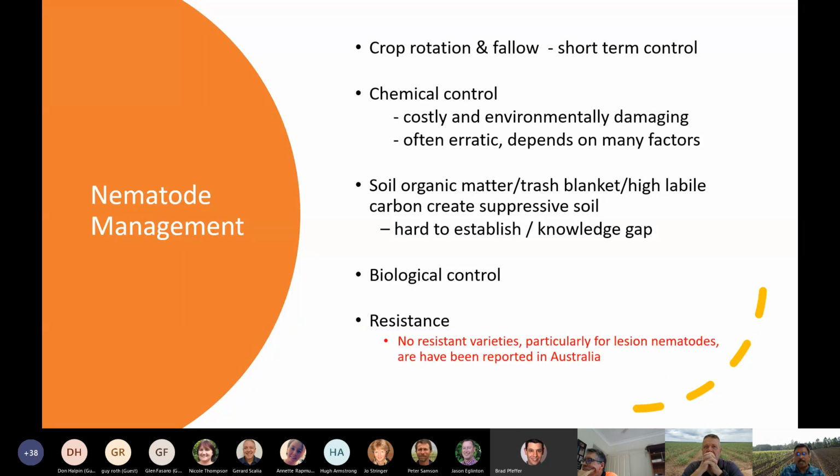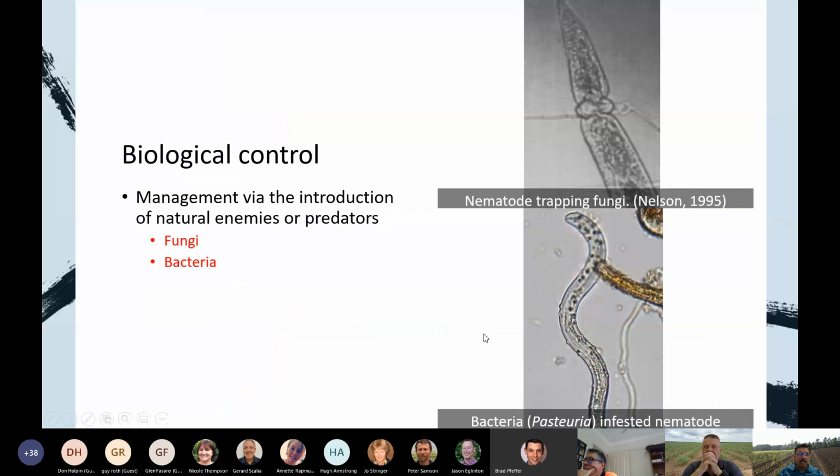Unfortunately, we don't have a resistant variety, particularly for lesion nematode, in Australia. So these two, biological control and resistant variety, are the main talk of this presentation today.